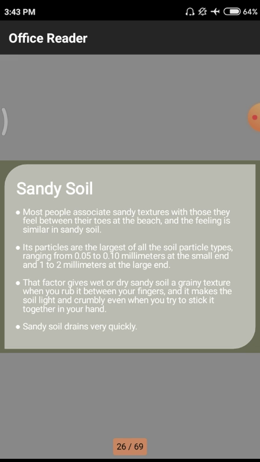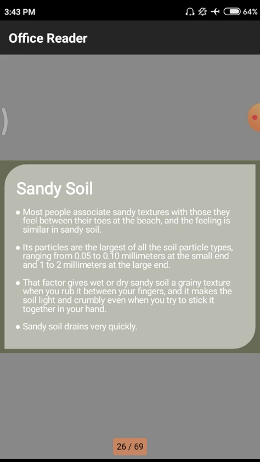Its particles are the largest of all soil particle types, ranging from 0.05 to 0.10 millimeters. That means the particle size is as large as possible because of the sand content, that is, the silica content. When we compare with other kinds of soils, we have clay soils, silty soils, black cotton soils, and red soils.